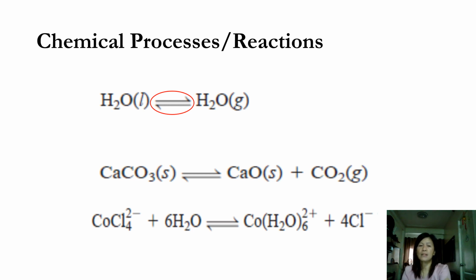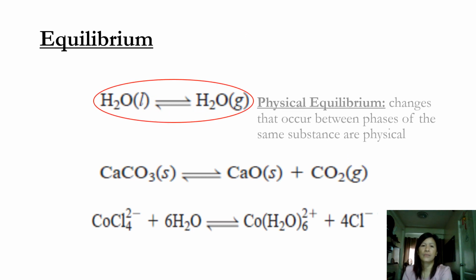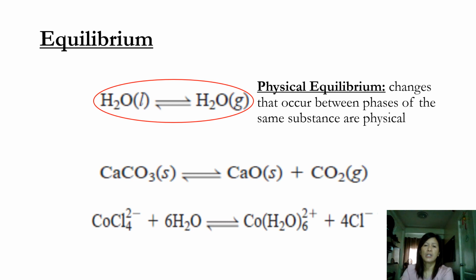That's the time that the process is already at equilibrium. This particular process is considered physical equilibrium because the changes that occur are between different phases of the same substance.